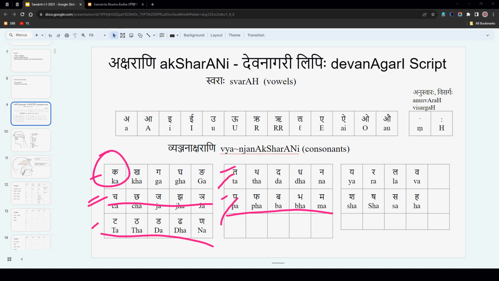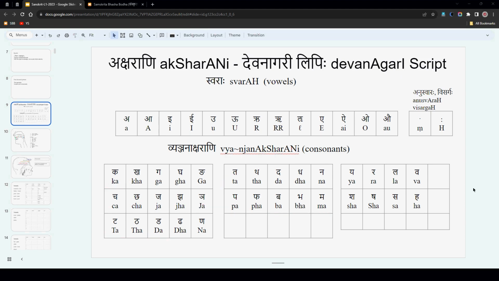And ya, ra, la, va, sha, sha, sa also have their own places. You can say ya. Ya is talu. Talu means something like cha, chha, ja. If you try to pronounce cha, cha is touching the top part, right?